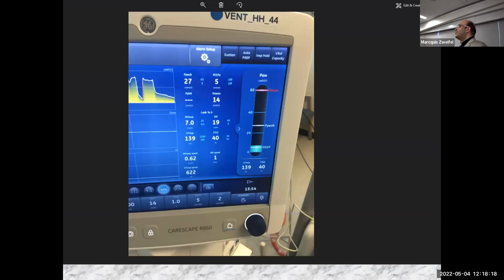Let me show you how to measure the plateau pressure in our ventilator. When you look at your ventilator, it will give you the peak pressure and the mean airway pressure. And we'll need the mean airway pressure in a second when we talk about what we call the oxygenation index. So without doing anything, but to look for the plateau pressure, you need to click this button, inspiratory hold.